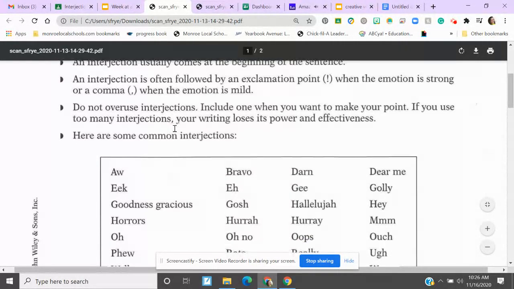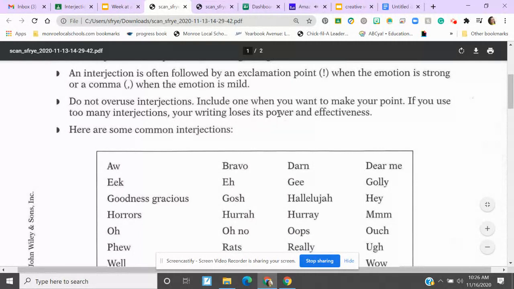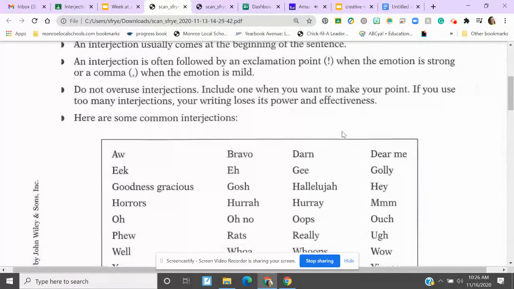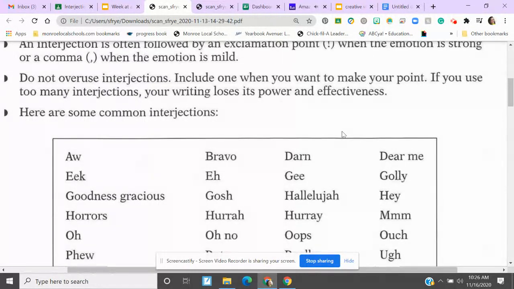Now, I do like this disclaimer here. We should not overuse interjections because it takes away from the power of your paper. If you are writing, for example, a literary analysis over Romeo and Juliet, the theme, you will never use interjections. That is very unprofessional in your writing. This is for when you use dialogue or you're writing narratives or something like that.